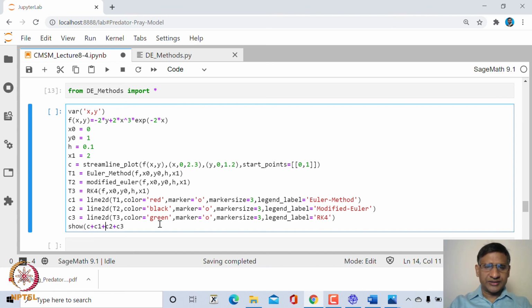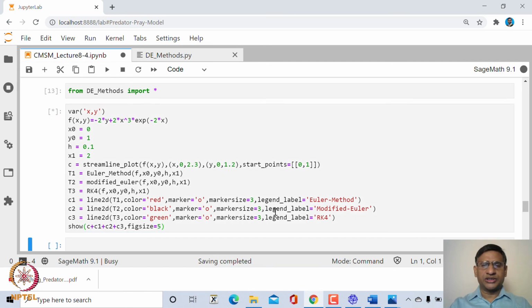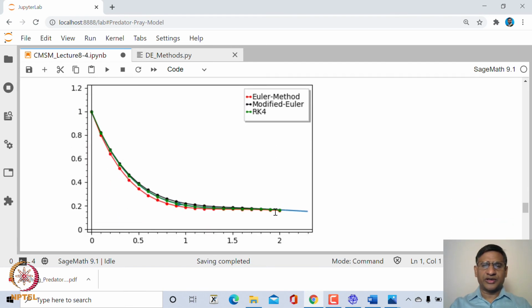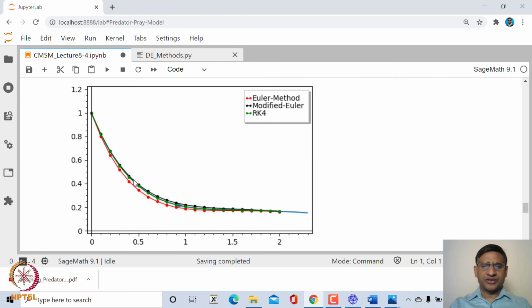Let me reduce the figure size. Let me say figsize is equal to 5, and let us plot this. When you plot this, as you can see here, the blue one is the exact solution, and the green one is using the RK4 method, which is much closer. The red one is Euler's method and the black one is modified Euler's method.